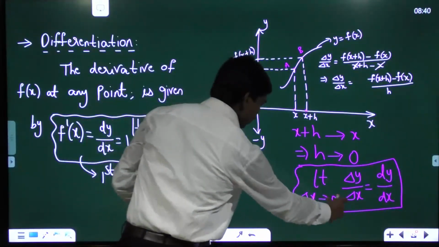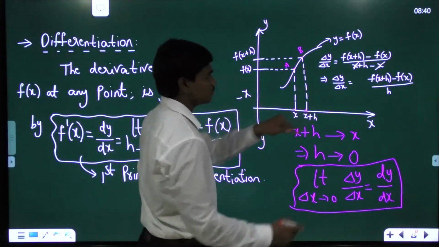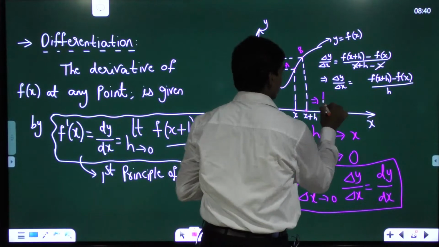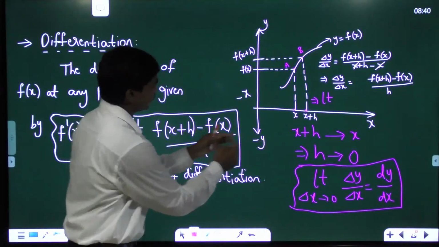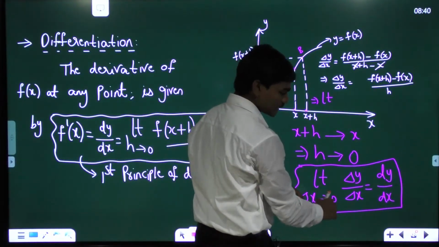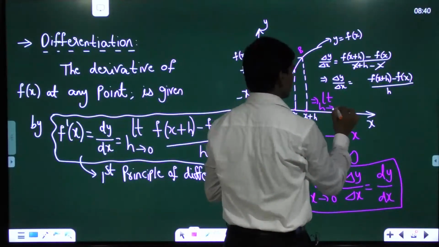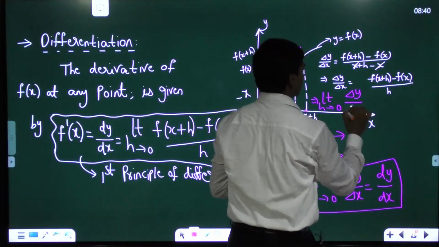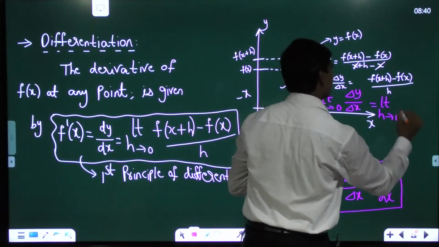Now, if I adopt this delta x tends to 0 condition over here at this point, what could I have? Delta x is nothing but h, correct? Because the change in between this x plus h and x is h. So instead of this delta x tends to 0, can I write h tends to 0? So h tends to 0, delta y by delta x is equal to limit h tends to 0, f of x plus h minus f of x divided by h.